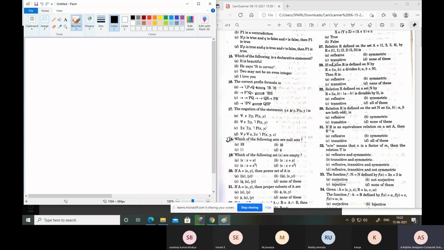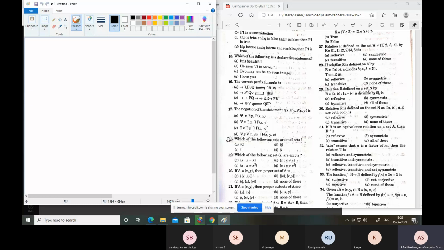Okay, 1 to 1. Sorry, there is no transitive. 1 to 1, 1 to 1. So among all these three, mainly this is the reflexive property, and it satisfies the reflexive property.